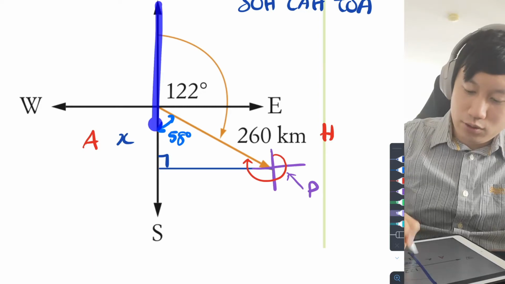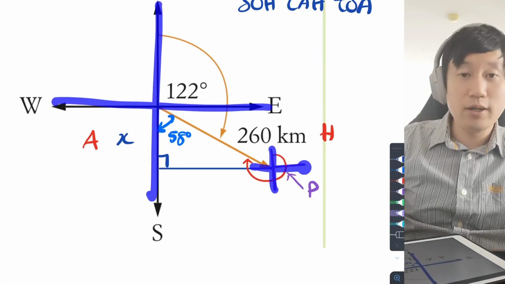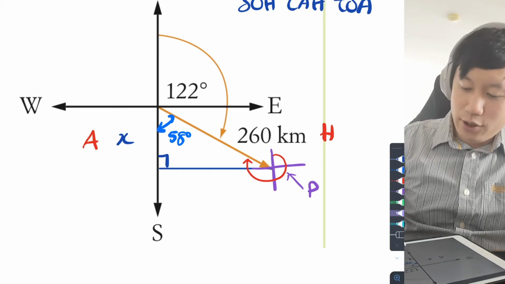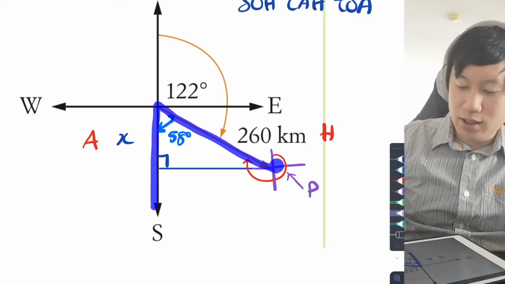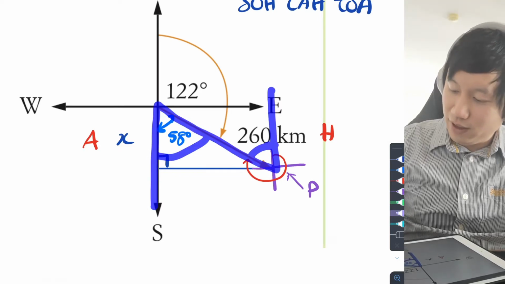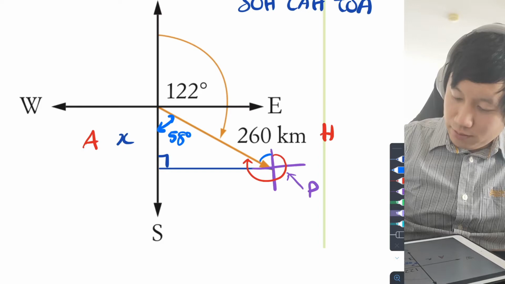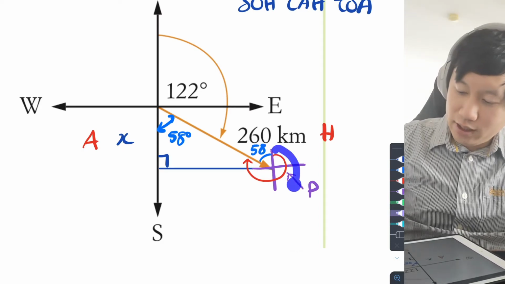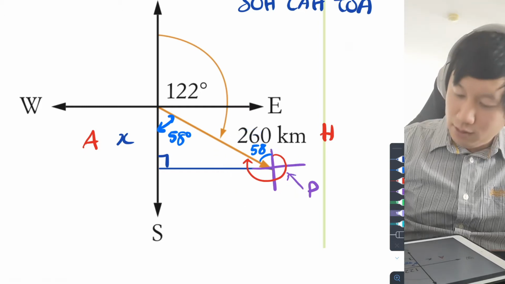Remember, when we have two compass bearings like this, it's very important that we use any alternate angles that we can find. So here's an alternate angle that I can see. If this is 58, then this part here is also 58. So I'm just going to draw that in. Now, that means this whole entire angle here has to add up to 360.